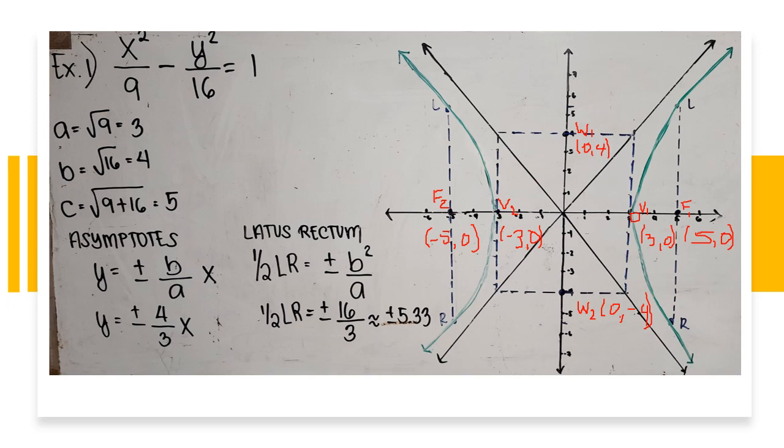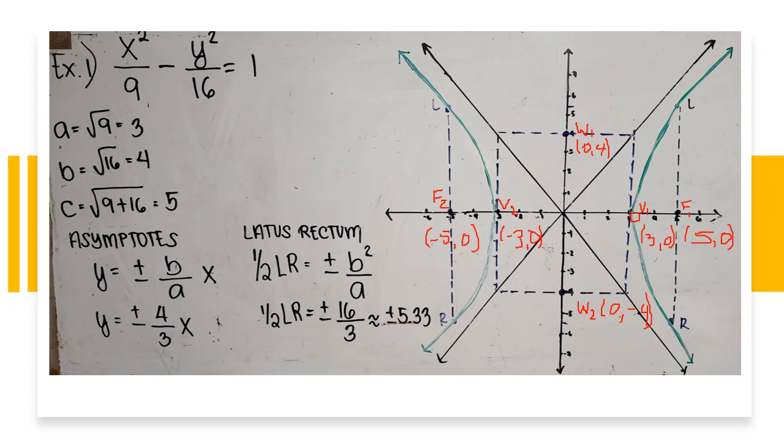And for us to get the latus rectum, you just take the half of the latus rectum. So the half of the latus rectum, guys, is positive and negative b squared over a. Our b squared is 16 over a, which is 3.